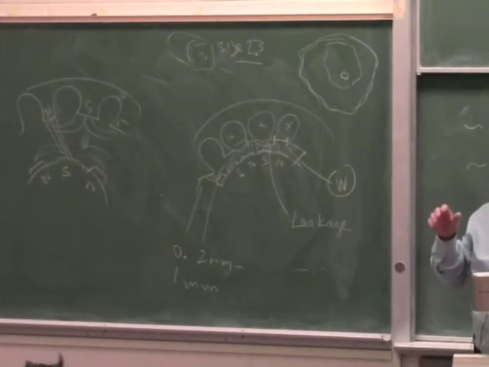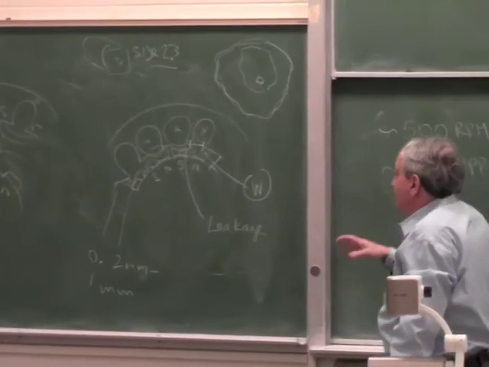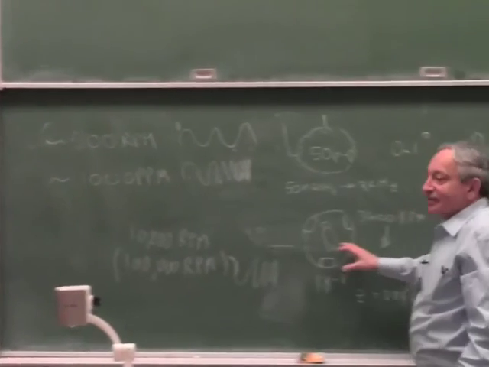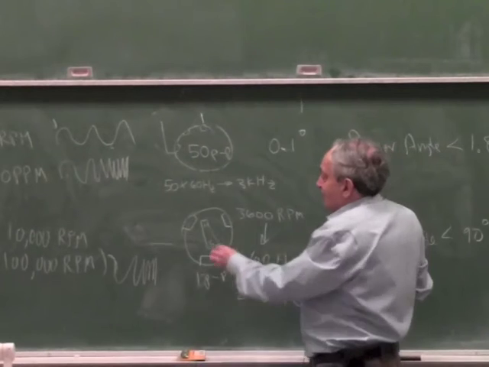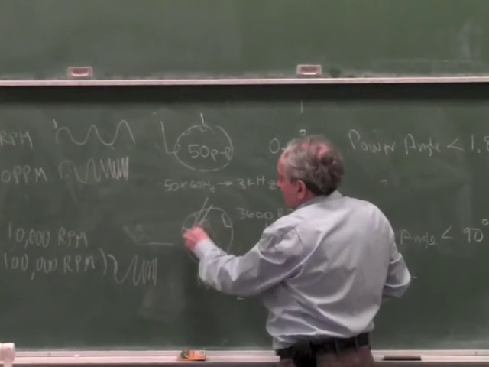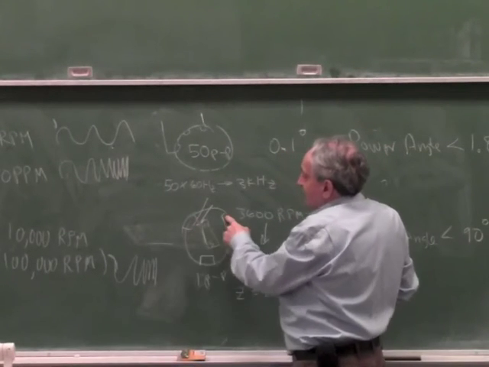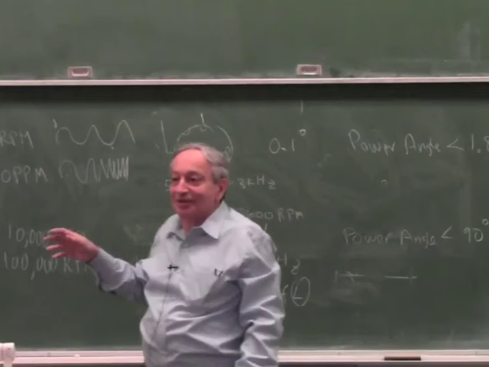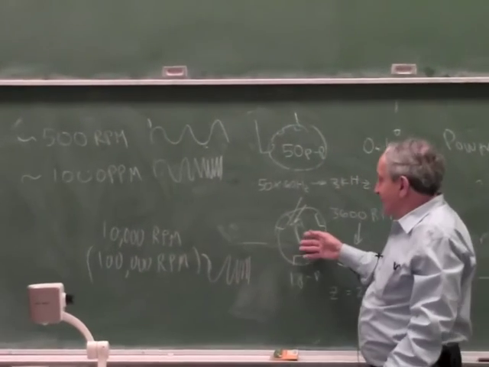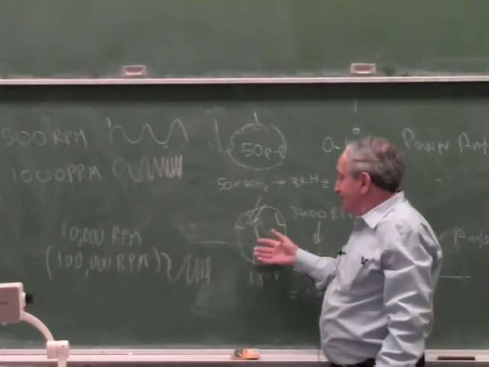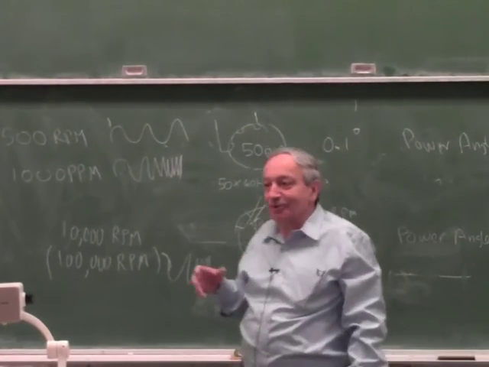So you already have a lot of wasted flux. Now, if you made the same motor as 2 poles, there will be no wasted flux, because this will still be 0.2 millimeter, but the distance to the next pole will be 20 millimeter. Right? So here will be no wasted flux. So that's one reason. If you have fewer poles, you can make the motor a bit more efficient.